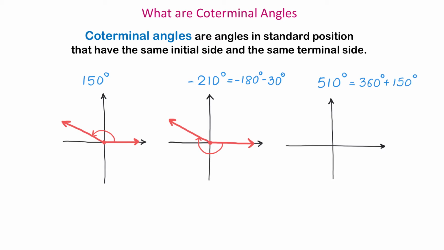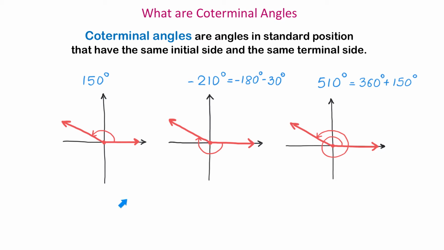Then when we draw this angle, we will know that we have to go around one full rotation and another 150 degrees. So let's start with the initial side that is on the positive x-axis. And now we will go around one full rotation and another 150 degrees. Then the terminal side again will be in quadrant 2.